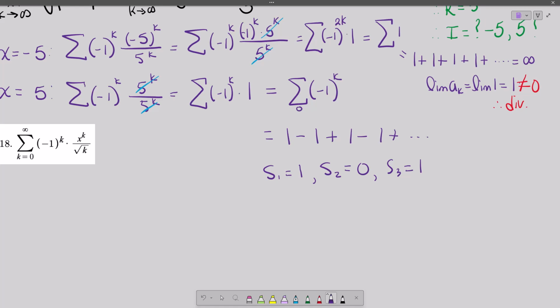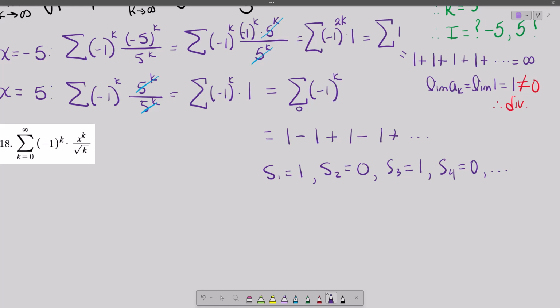S sub 4? 0, etc. So the sequence of partial sums does not approach a single number. The only way a limit exists is if the sequence of partial sums gets infinitesimally close to some single number. So what we have here is oscillation. The partial sums are oscillating, so the sequence of partial sums will not converge.